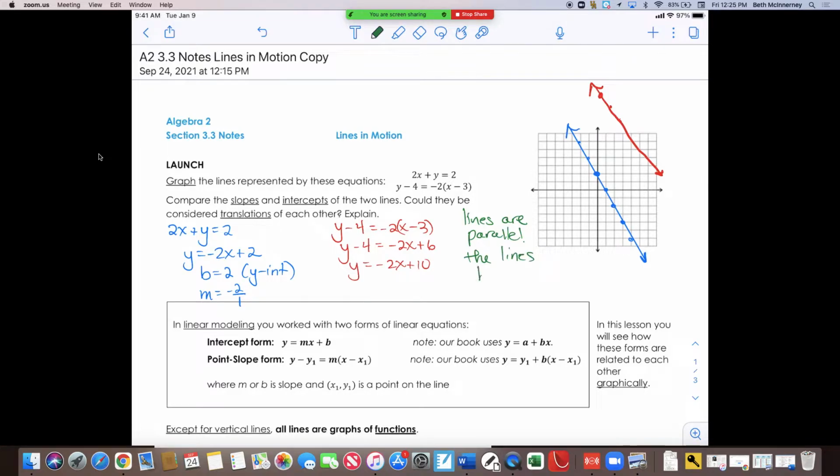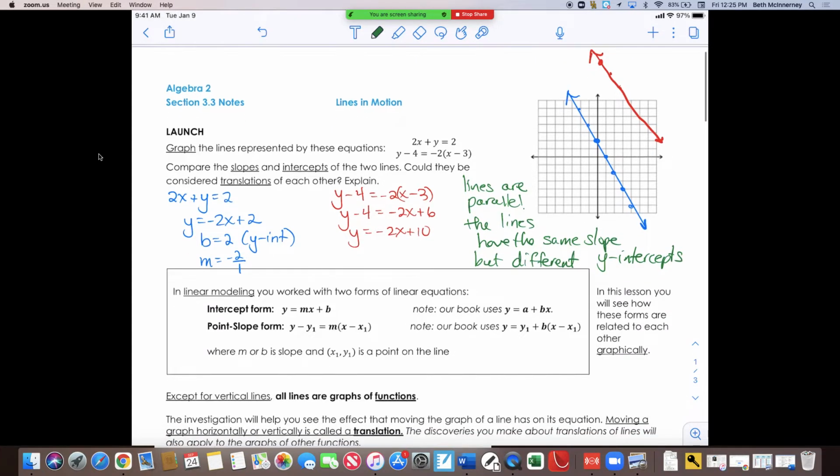The lines have the same slope, but different y-intercepts. And really, that's the definition of parallel lines. Two lines that never intersect. They have the same slope and different y-intercepts.